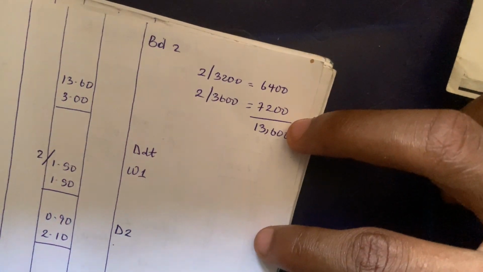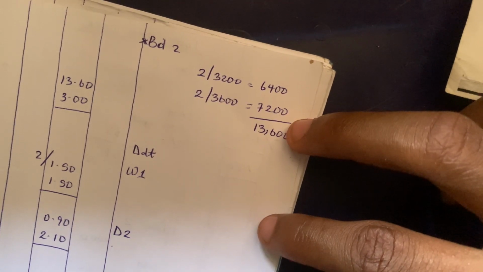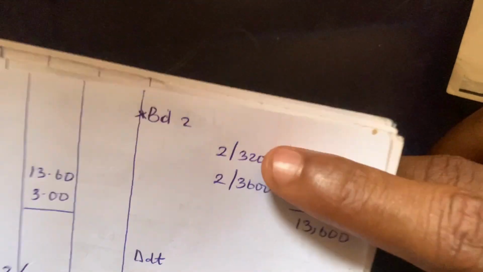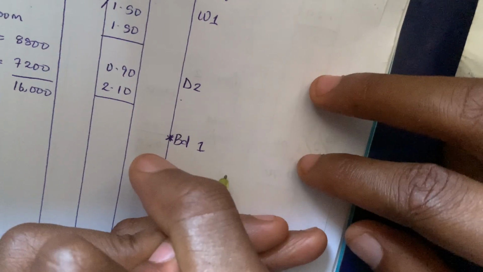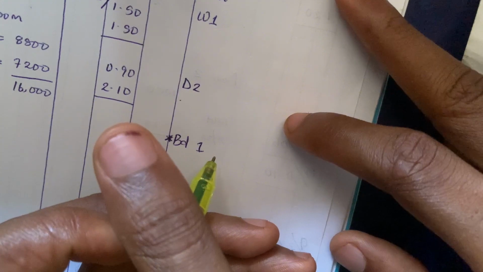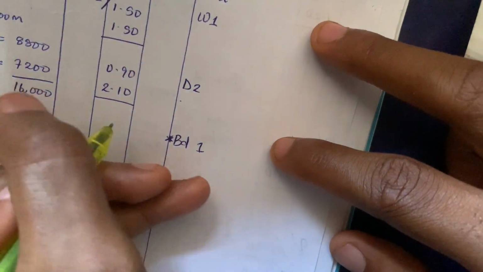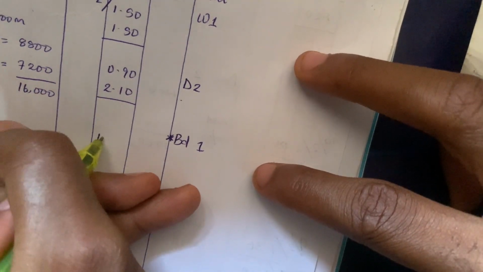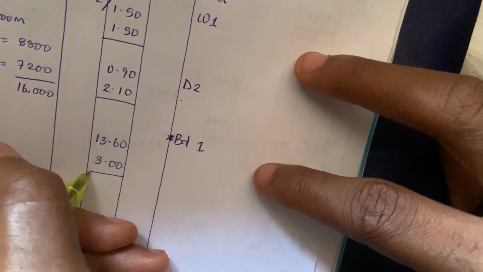Then we go to bedroom 1. The length of bedroom 1 is the same thing as this. What we have here is the same size as bedroom 2. So instead of making any waste calculation, we'll just write 13.60 by 3.00, and then we'll close.